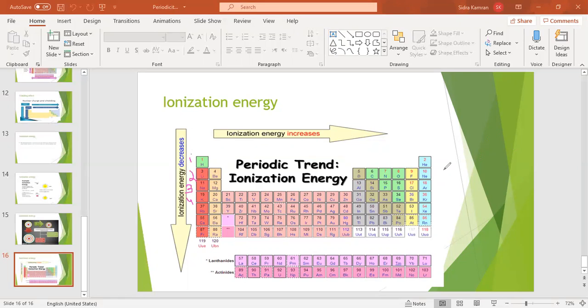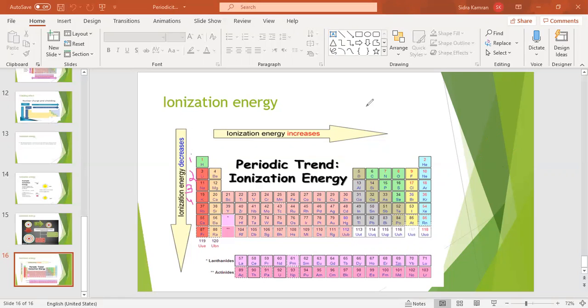You need a high amount of energy to remove the electron. Instead, down the group, the number of shells is increasing. These shells reduce the electrostatic force between the nucleus and the outermost shell. That's why you need less ionization energy to remove the outermost electron from the atom.